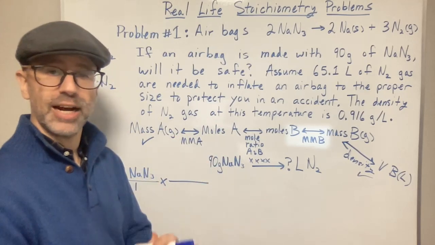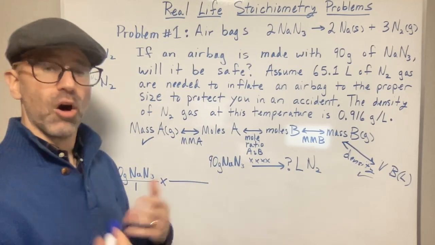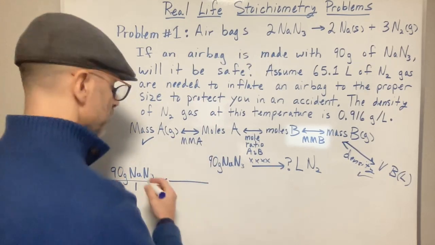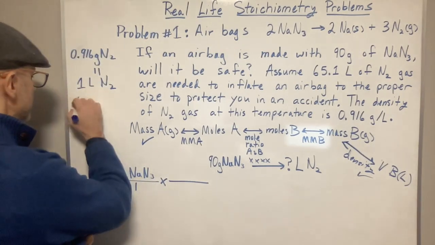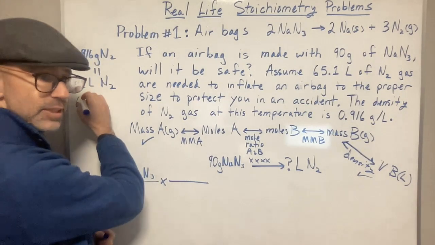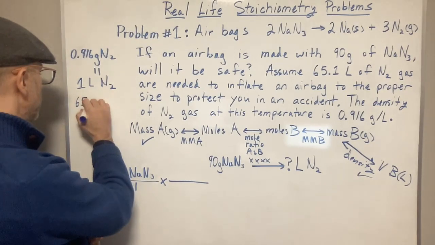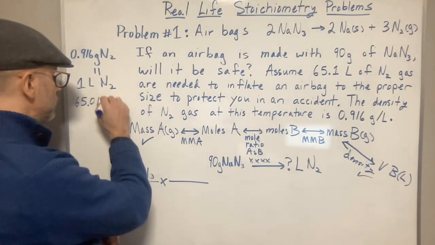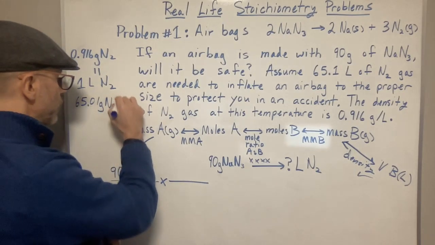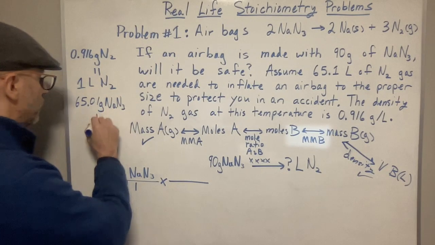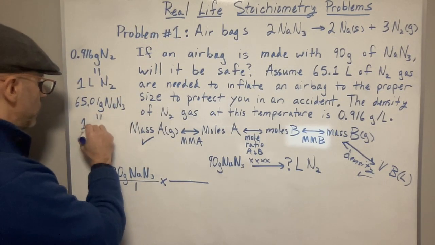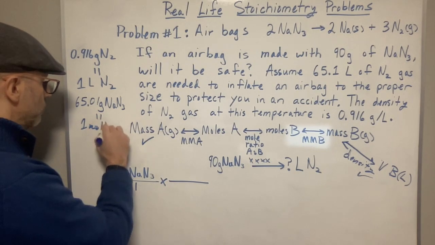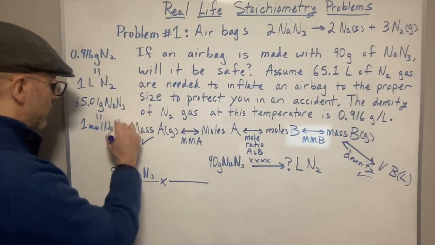We add up the atomic masses of all of the atoms, and we get 65.01 grams of NaN3, and that's going to be equal to 1 mole of NaN3.